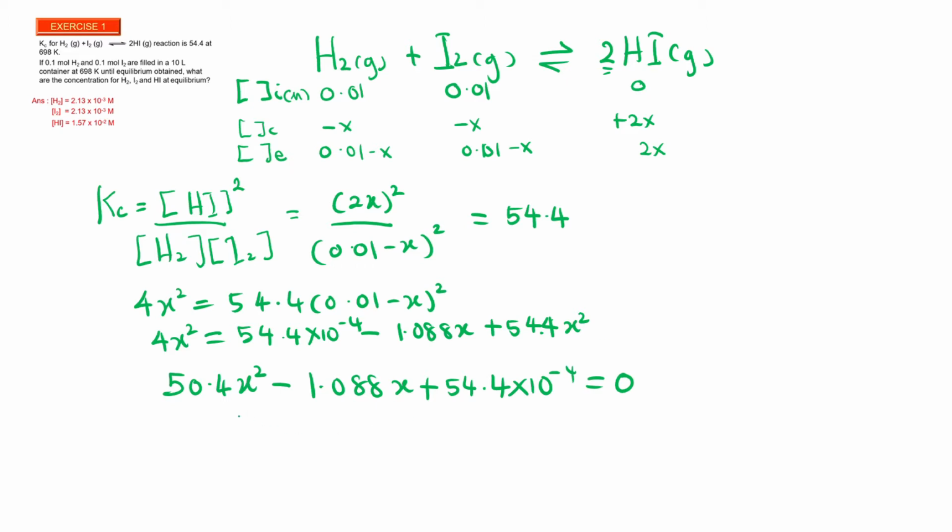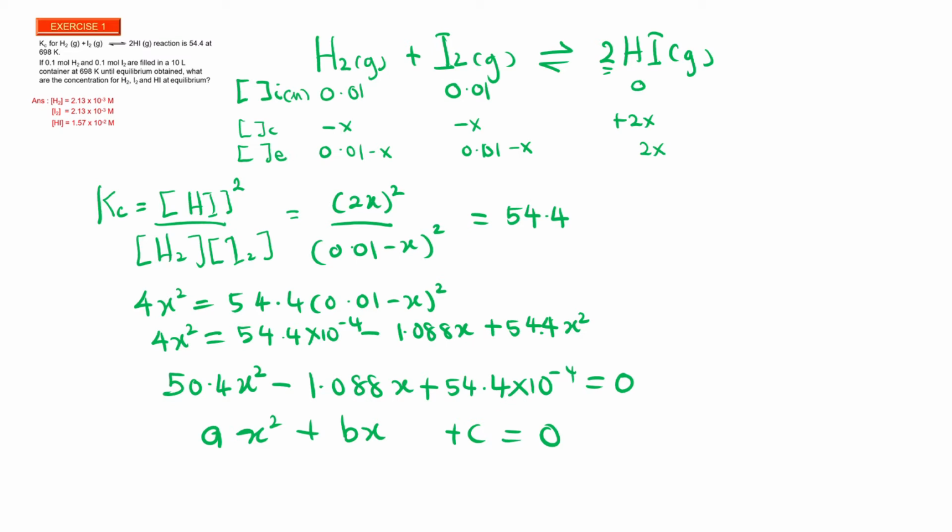So this is our quadratic expression, which corresponds to ax squared plus bx plus c equal to 0. Our a is 50.4, b is negative 1.088, and c is 54.4 times 10 to the power of negative 4. Then substitute in your calculator.